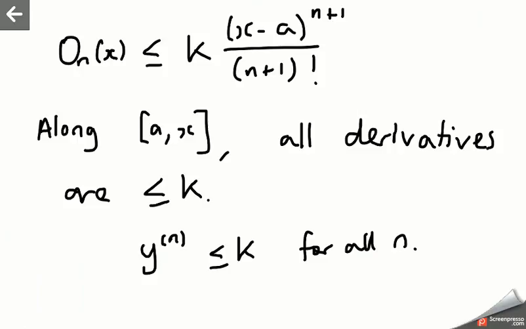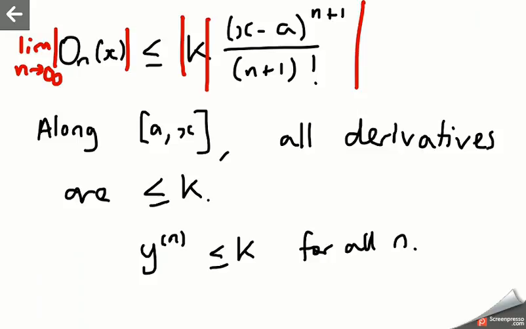Well, what happens as n gets bigger and bigger? Limit as n tends to infinity. Let's take the absolute values. Limit as n tends to infinity of this thing. Well, this is going to be the absolute value of k times the absolute value of x minus a to the power of n plus 1 divided by n plus 1 factorial.